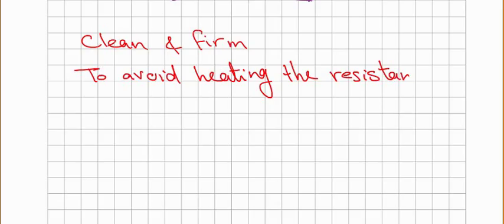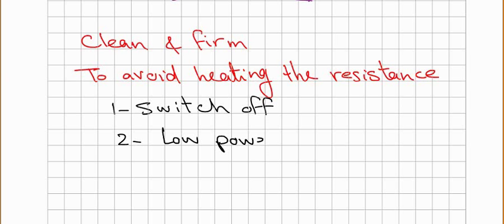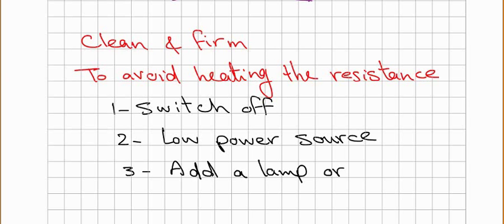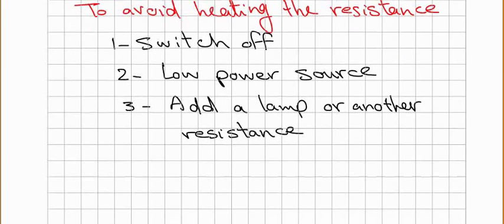You need to follow one of these instructions: switch off between readings, or use a low power source, or add a lamp or another resistance, or of course you can adjust the variable resistor to the maximum value at the beginning of the experiment.